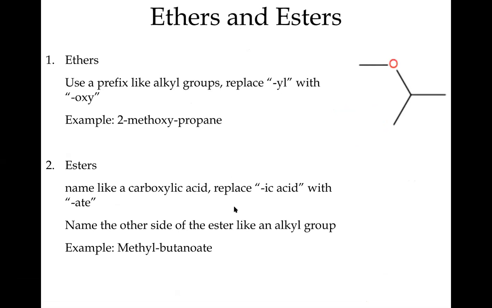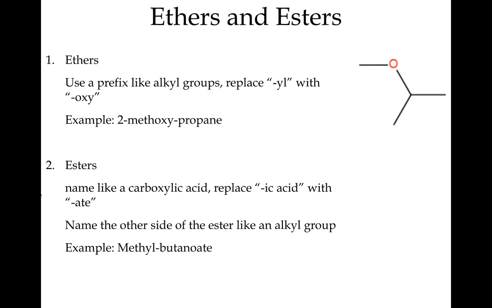Esters and ethers. So for ethers, we replace the "yl." So if it's a methyl group that's making up the ether, instead of 2-methylpropane, it would be 2-methoxy. So we get rid of the "yl" and we add oxy. Okay. 2-methoxy propane.